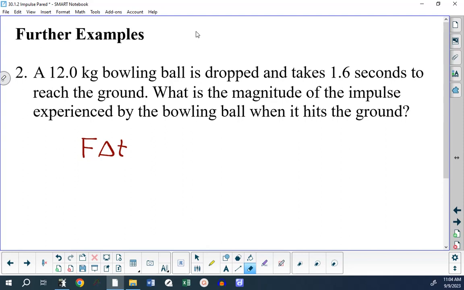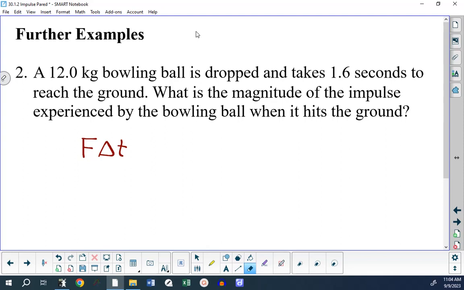You need to appreciate that however much momentum the ball gains in falling, magnitude-wise, has to be exactly the same as the amount of momentum that it loses when the floor stops it. So what I'm going to do instead is calculate the magnitude of the impulse as it falls.